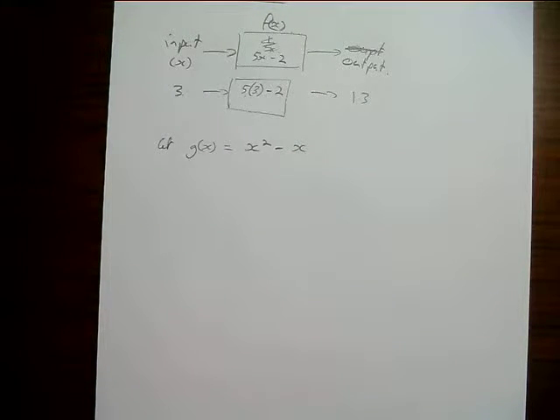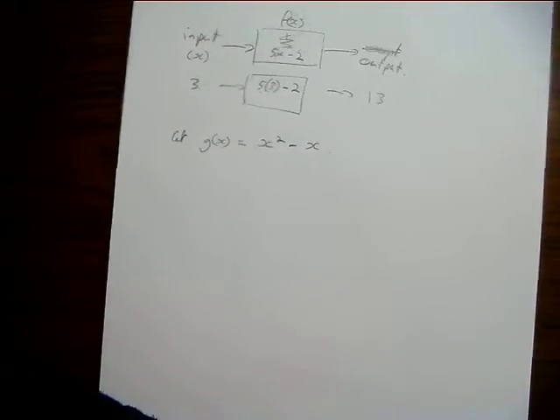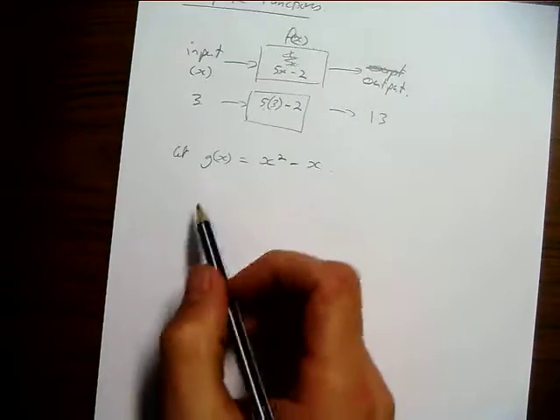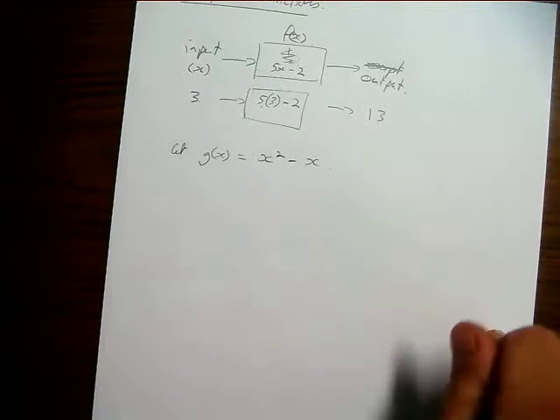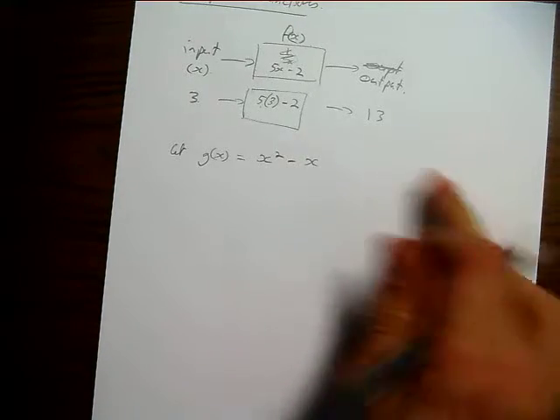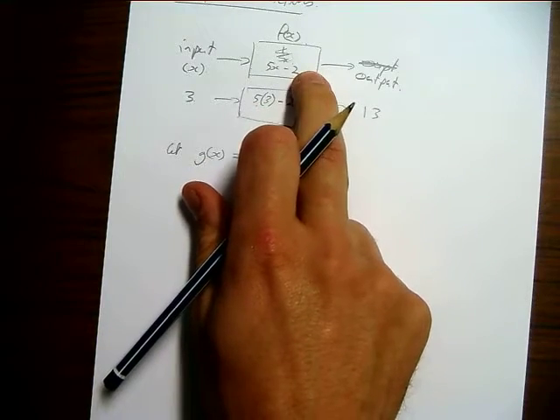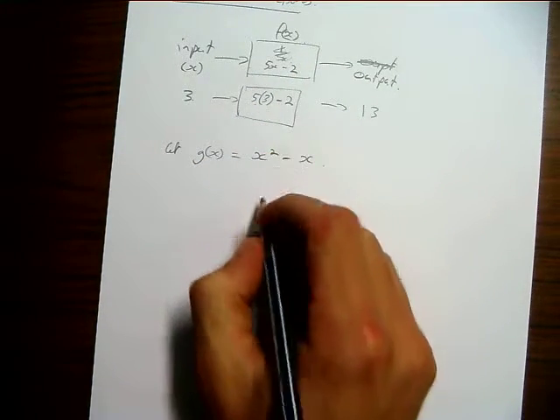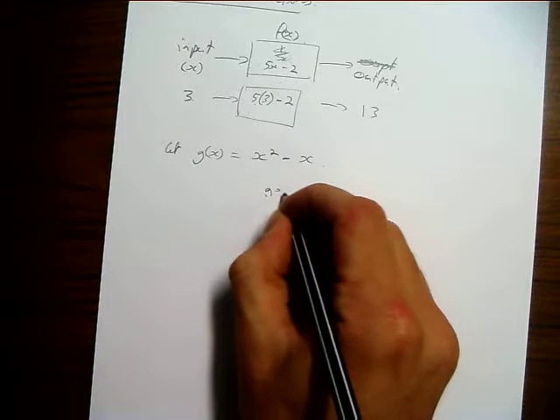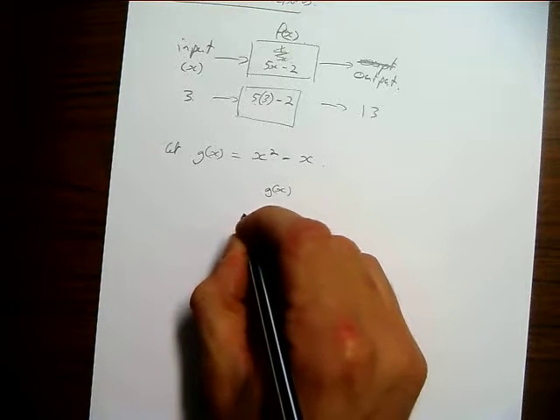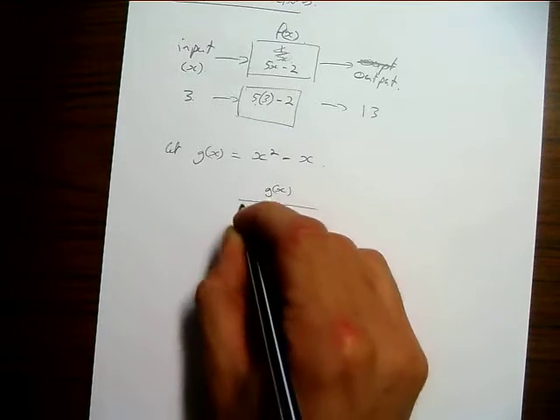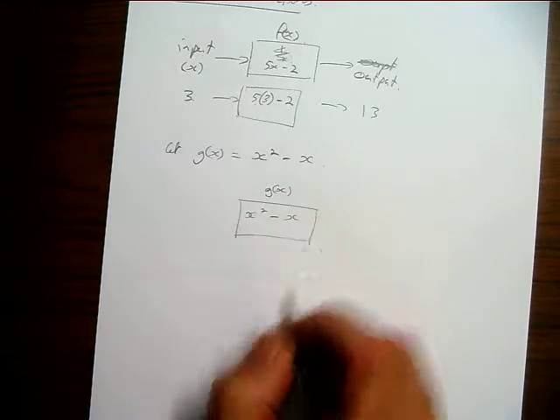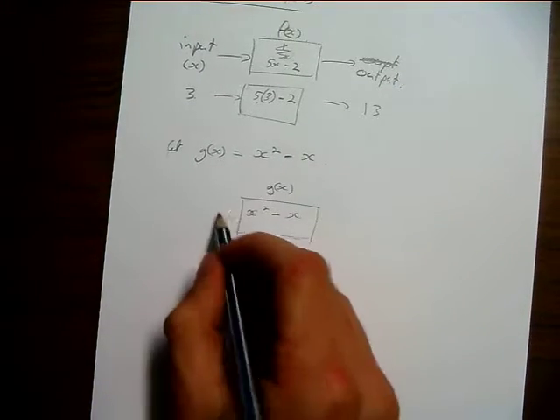Now, what if I wanted to give something to g of x, and then whatever the output of that was, I wanted to put that into f of x? So g of x is this box here, x squared take x, with an input and an output.